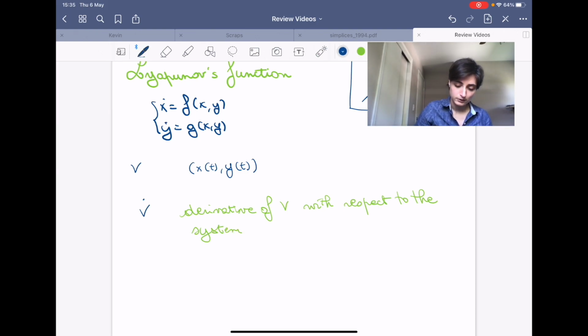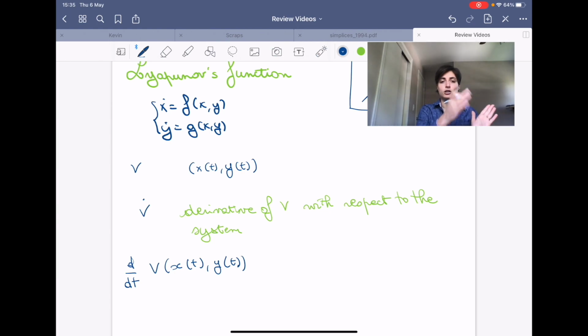We're calculating v along a trajectory, so along x(t), y(t), where x(t), y(t) is a solution of our ODE, and we take the derivative of this with respect to time. V itself does not depend on time, but because it depends on x and y, and x and y depend on time, v as a function of x(t) and y(t) depends on time.